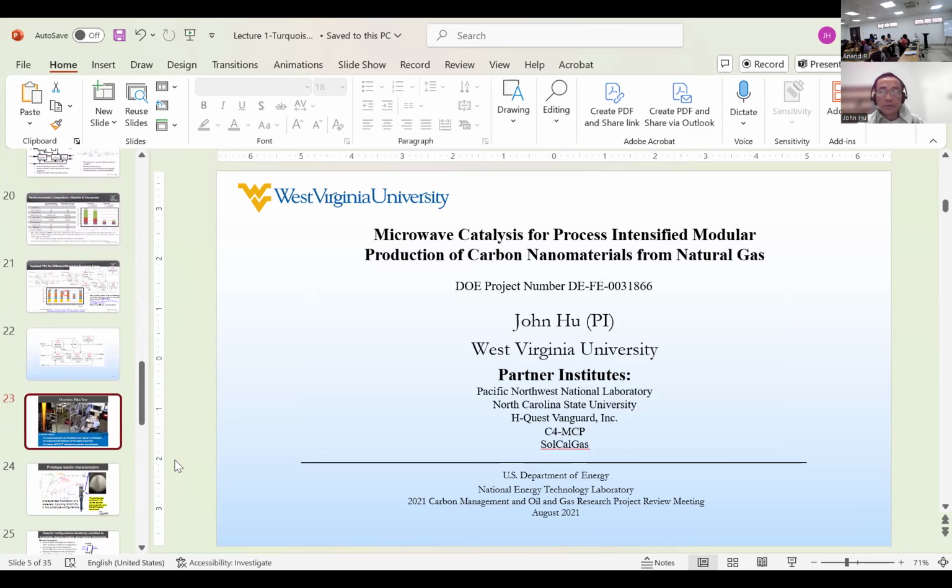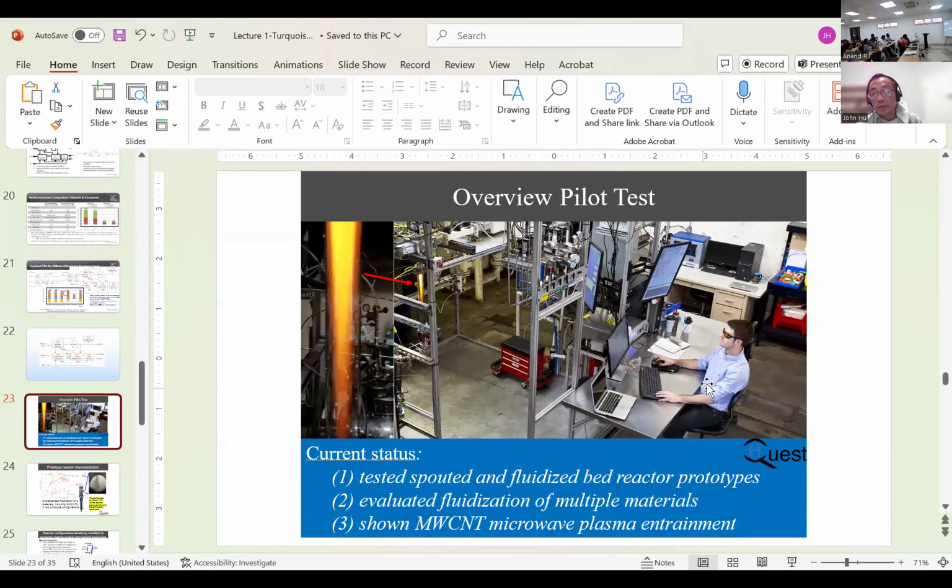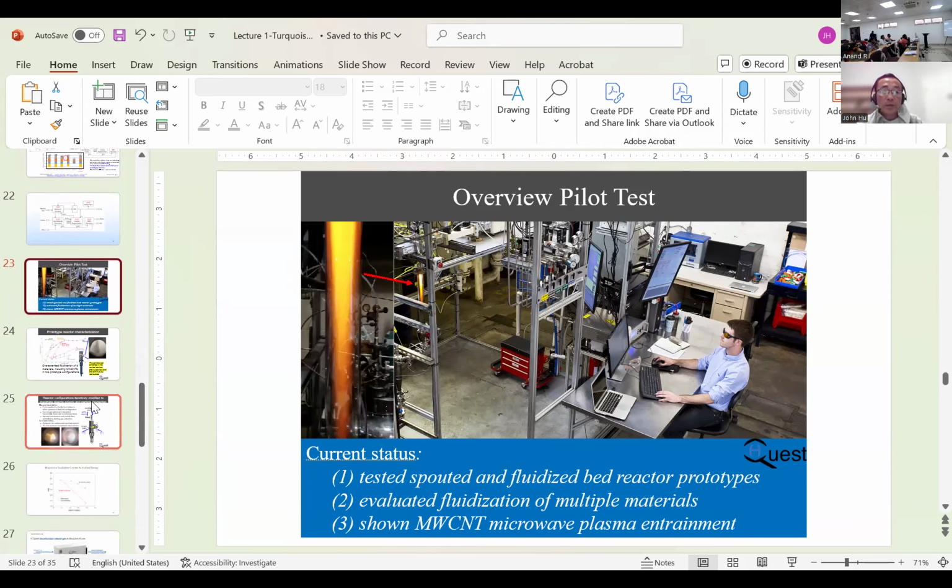Okay. So this is a pilot plant build. You see this guy? This is the student sitting here. This is a pilot plant. This is the microwave reactor, which is glowing in here. And in this case, we use both microwave and also microwave plasma, because you need to pre-activate the methane in order to do the pyrolysis.